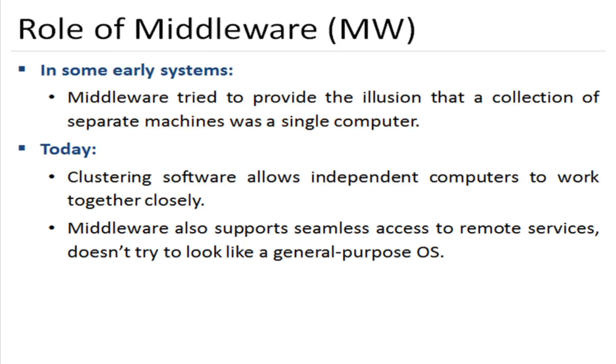The role of middleware: in some early systems, the middleware tried to provide the illusion that a collection of separate machines was a single computer. But today, clustering software allows independent computers to work together closely. Middleware also supports seamless access to remote services, and doesn't try to look like a general purpose OS.